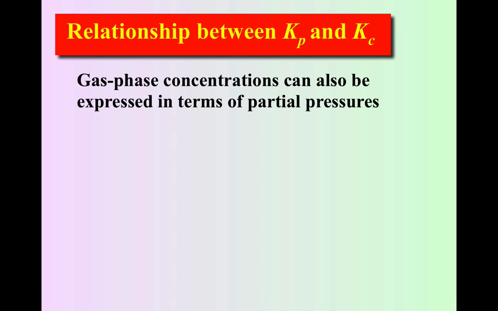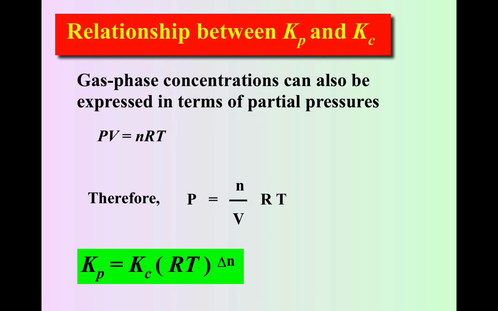All right, so there's a relationship between these two constants. Remember, gases are expressed as pressures, and we can talk about moles per liter of gas, so moles of gas divided by liters of gas. So the relationship between Kp and Kc is Kp is equal to Kc multiplied by RT, gas constant times temperature in Kelvin, raised to delta n.